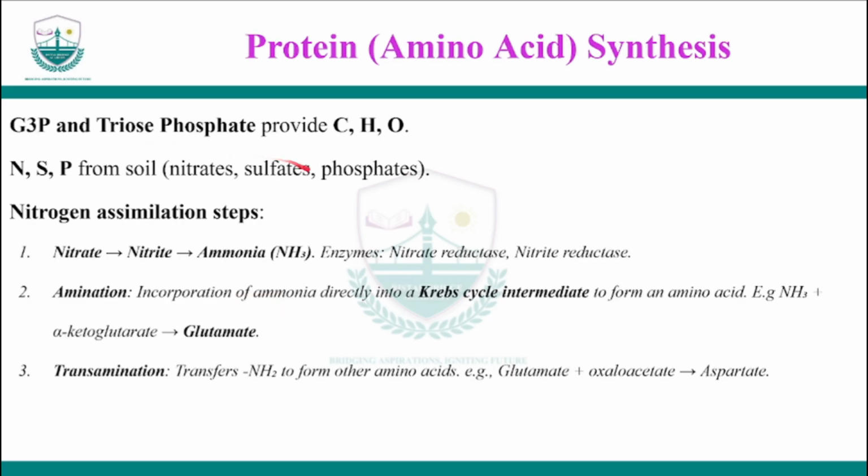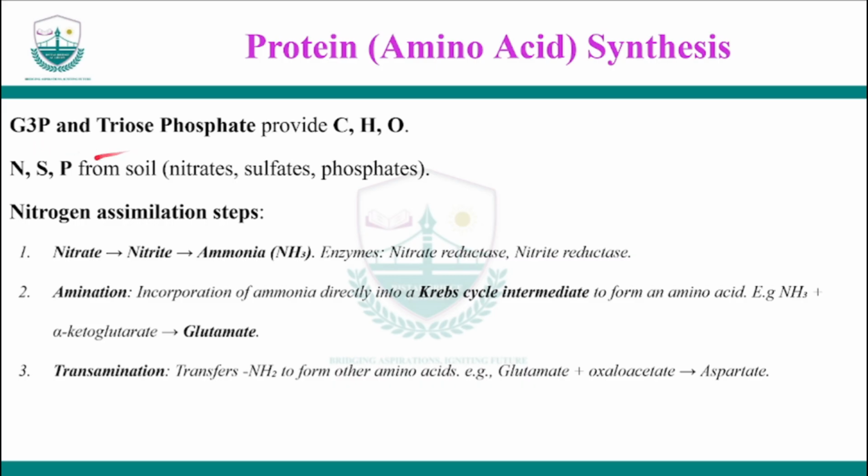And then proteins, when are they made? How do plants make their proteins? We know that proteins have carbon, hydrogen, and oxygen, and they get these from the triose phosphate and glyceraldehyde 3-phosphate.